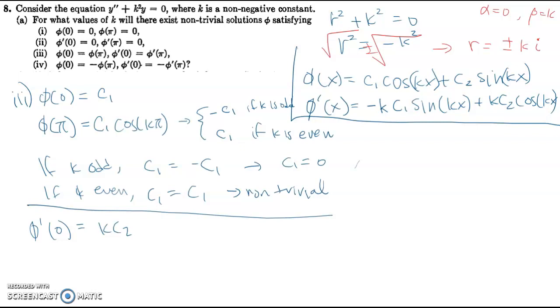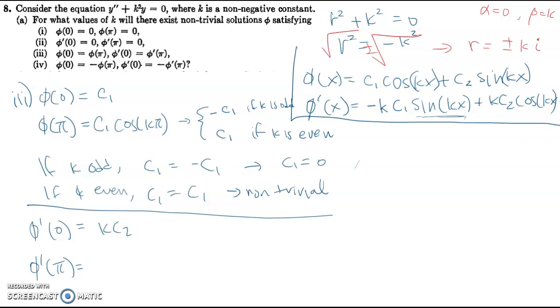Okay, so we have that figured out. Let's go over and plug in pi. Sine of pi is also always going to be 0, and likewise, it doesn't really matter what k value, pi, 2 pi, 3 pi, that's always going to give the sine value as 0.